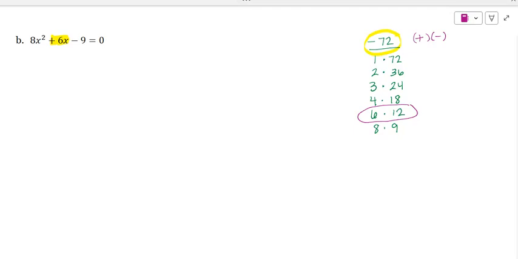I want my final answer to be a positive number, so I think if I do a minus 6x and a plus 12x, that'll combine to give me plus 6x in that middle term. So I'll go back to my original and I'll split the middle term into plus 6x minus 12x.